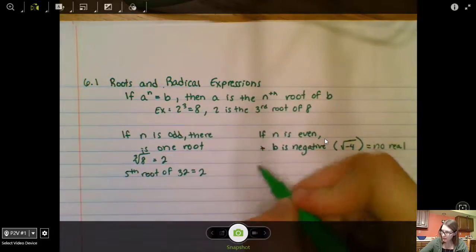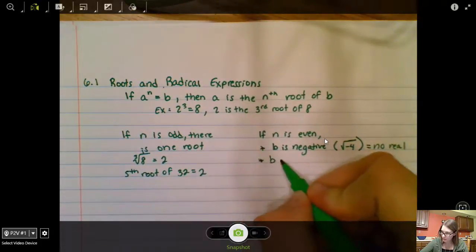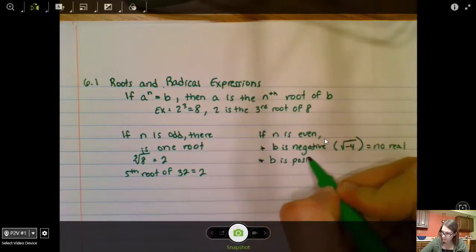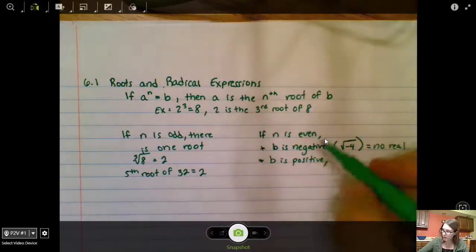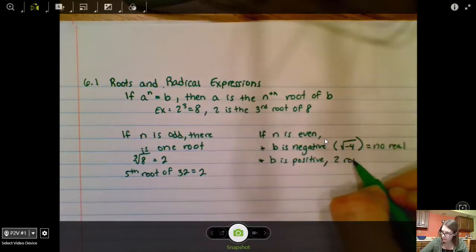However, if b is a positive number, there's going to be 2 roots.